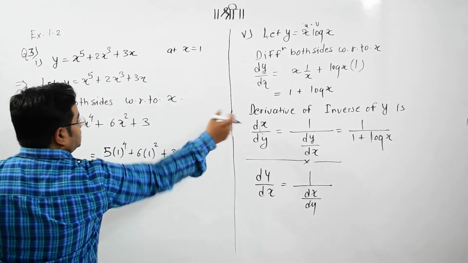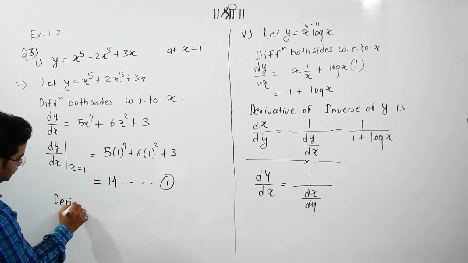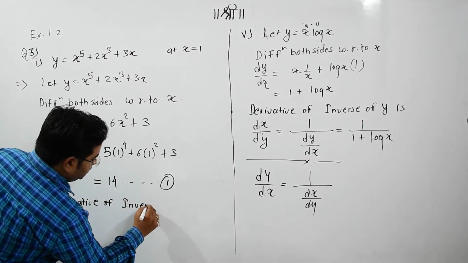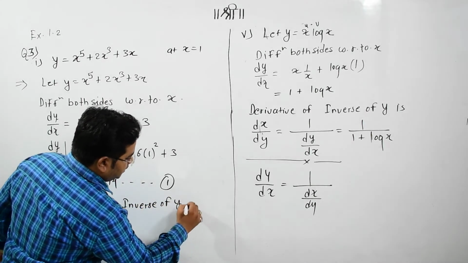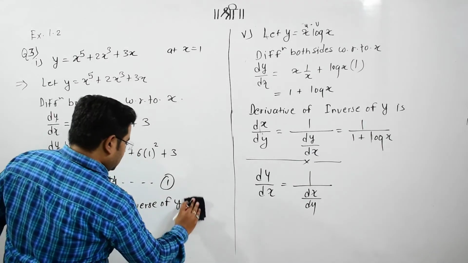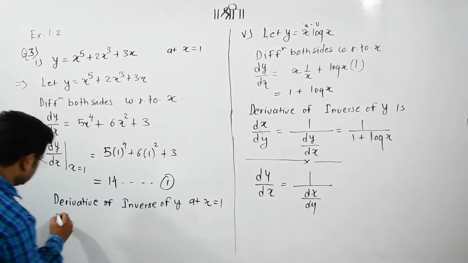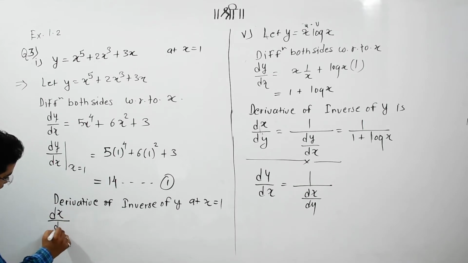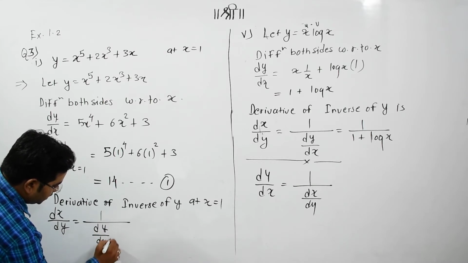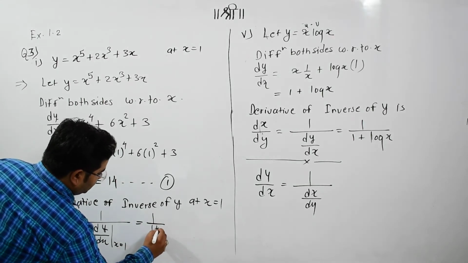Again we can use that statement: the derivative of the inverse of y at x is equal to 1 is dx upon dy, which is equal to 1 upon dy upon dx at x is equal to 1, which is equal to 1 upon 14.